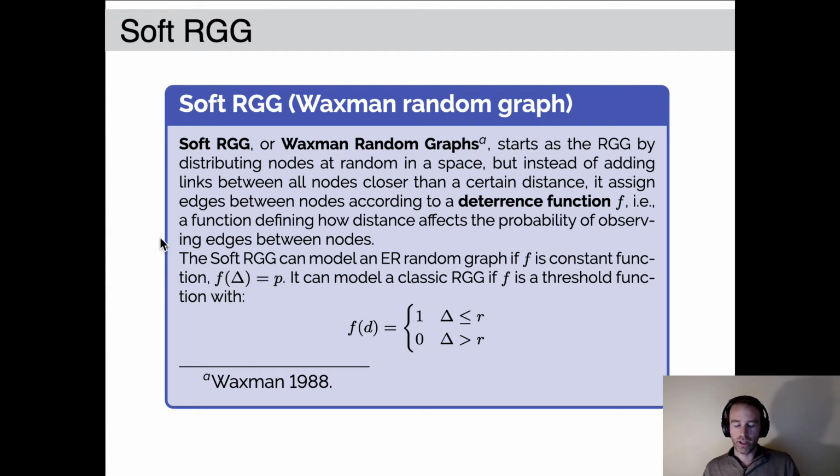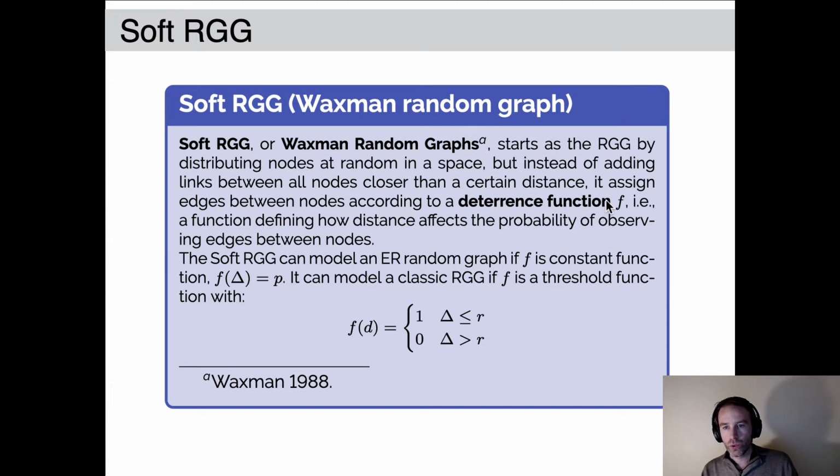But then you choose a notion of impact of distance, which is called a deterrence function. We will detail what a deterrence function is in the next slide. But basically, you say that the distance has a probability of observing edges, and you will generate edges according to this deterrence function, so according to the impact of distance.